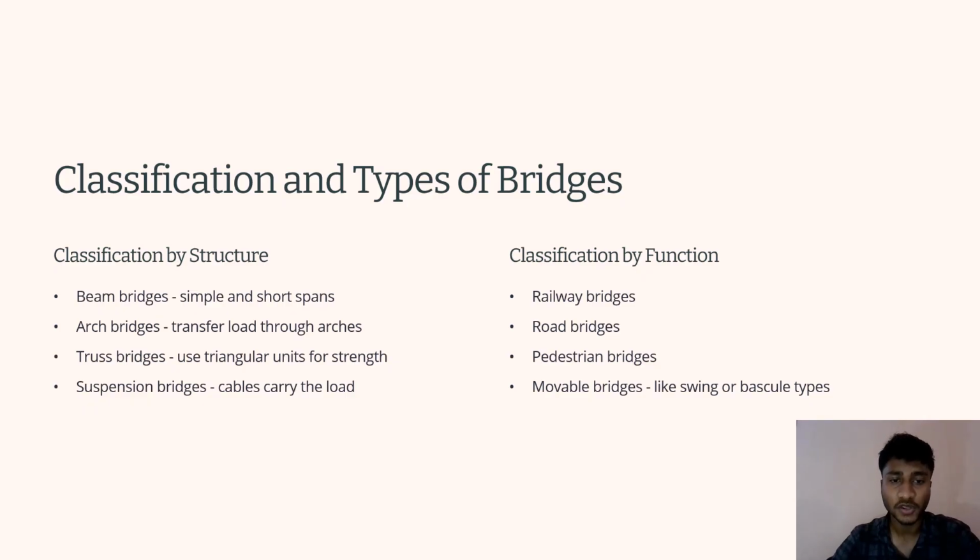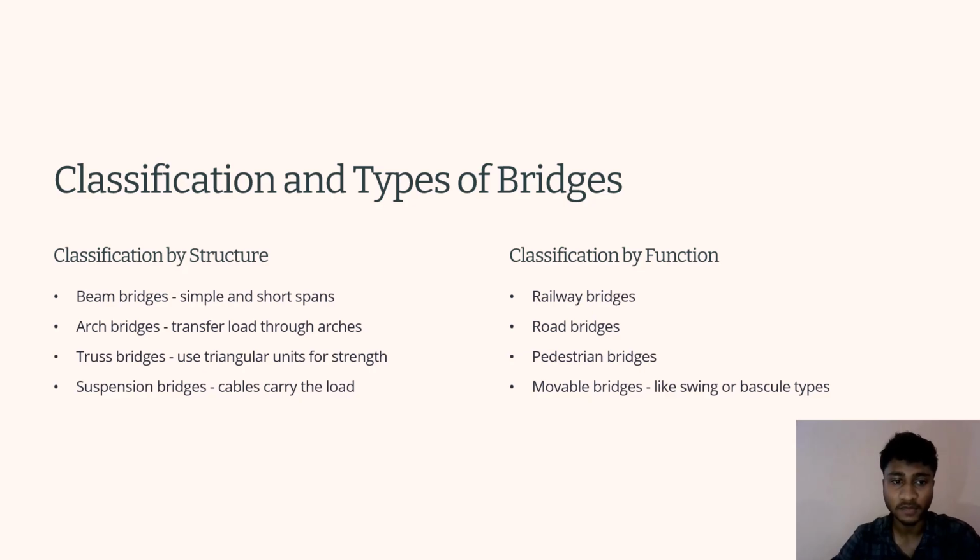Classification and types of bridges. It's divided into two types: classification by structure and classification by function. In classification by structure, there are beam bridges, arch bridges, truss bridges, and the fourth one is suspension bridges. So the first one is beam bridges, simple and short span.